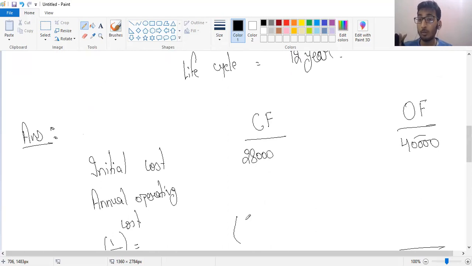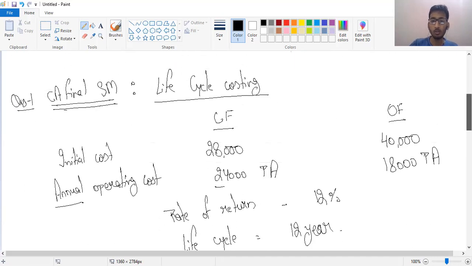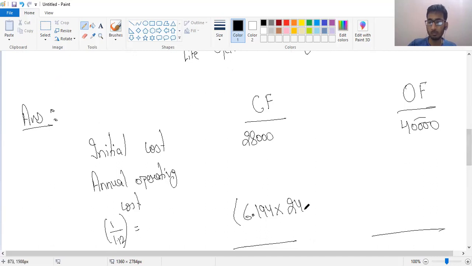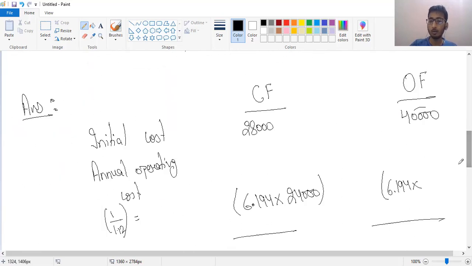Understand some of the short tricks of questions so that you can easily calculate. Now, the present value of annuity factor is 6.194 multiplied by 24,000, and 6.194 multiplied by 18,000.